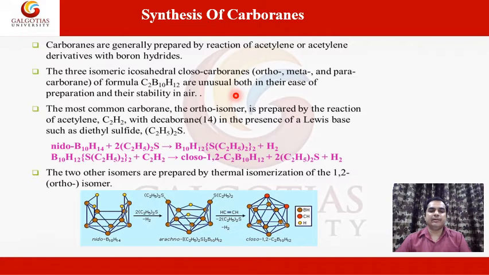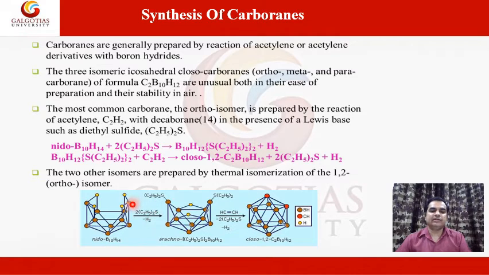They can be prepared. The most common carborane, that is the ortho isomer, can be prepared by the reaction of acetylene with decaborane 14 in the presence of a Lewis base such as diethyl sulfide. In this one, we have taken the nido borane hydride.